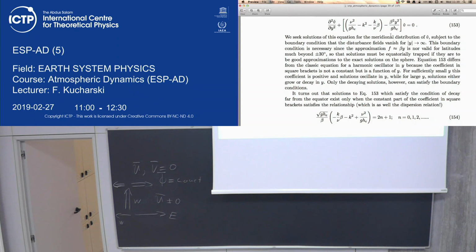So n can here be 0, 1, 2, and so on. Then this has solutions that decay away from the equator. And this is already one part of our dispersion relationship, because this, as you can see, gives us a relationship between frequency and wave number already.